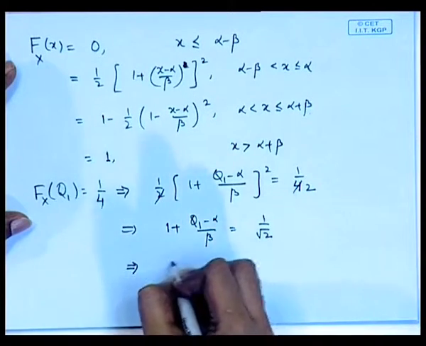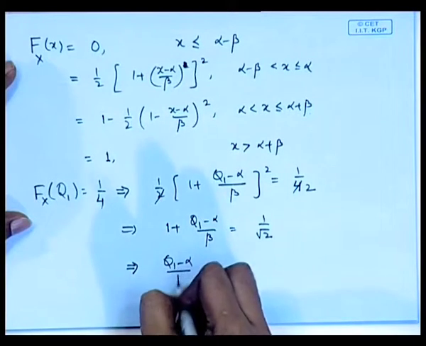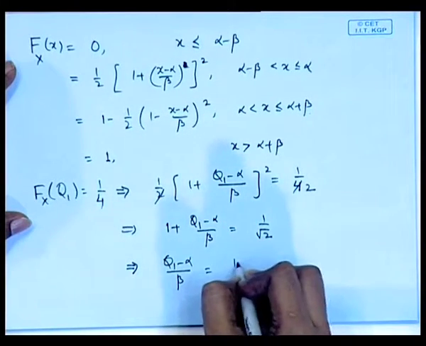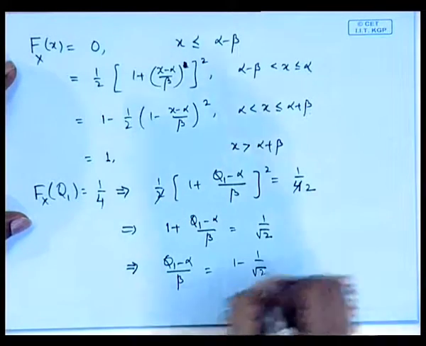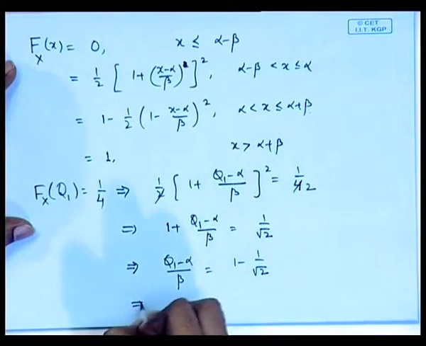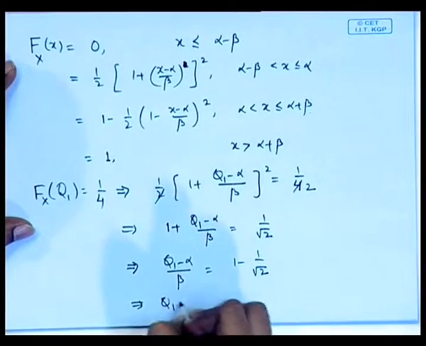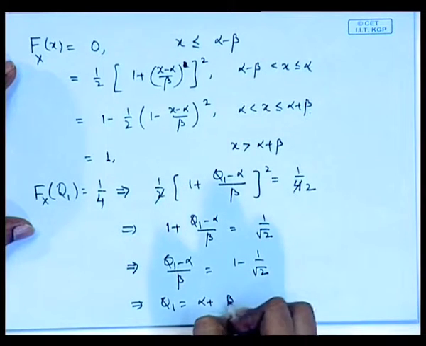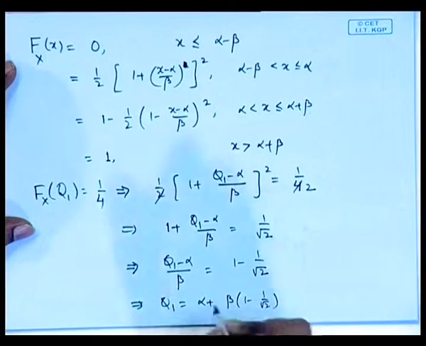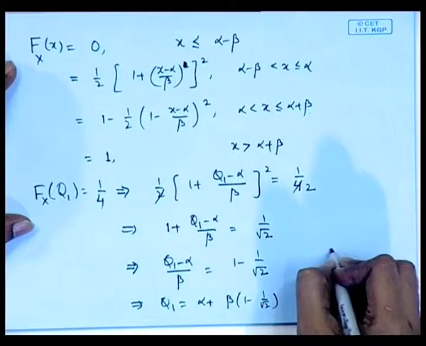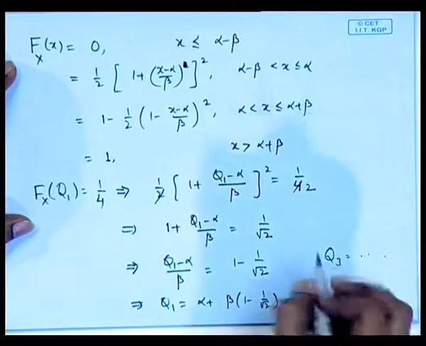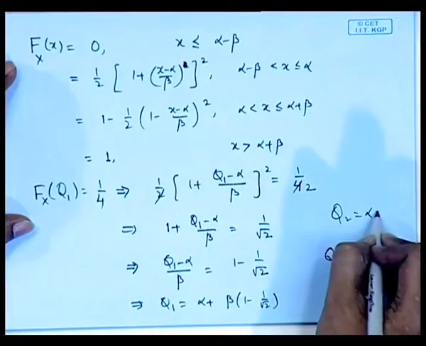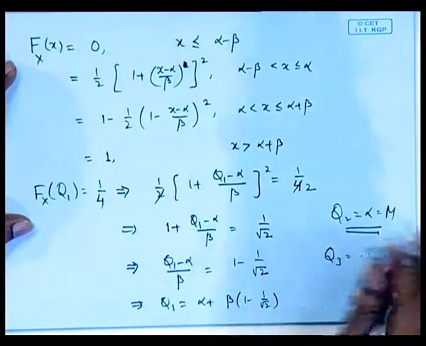That means (q1 minus alpha) by beta is equal to 1 by root 2 minus 1. So, q1 becomes alpha plus beta times (1 minus 1 by root 2) with appropriate sign. In a similar way, we can calculate q3 also. Q2 is of course alpha, that is the median of this distribution.